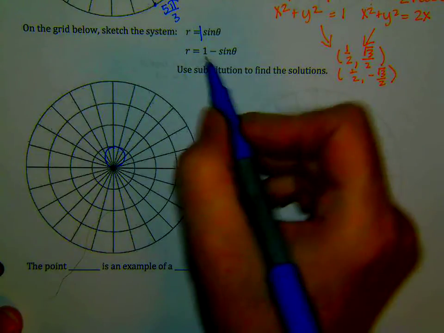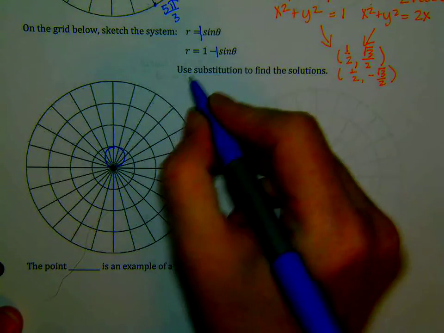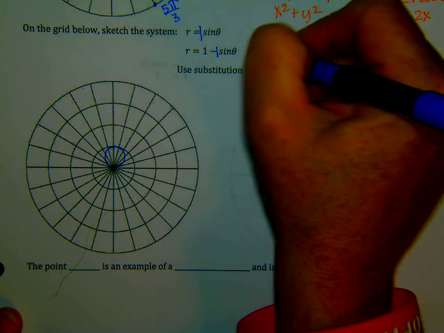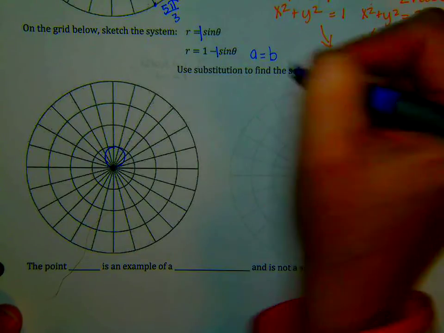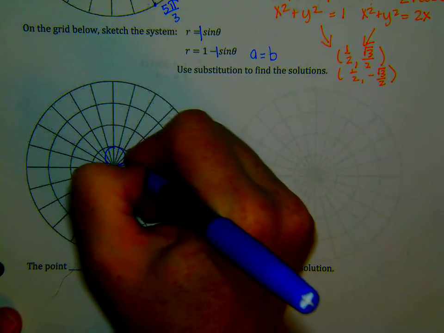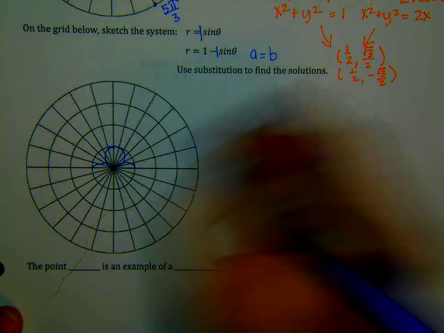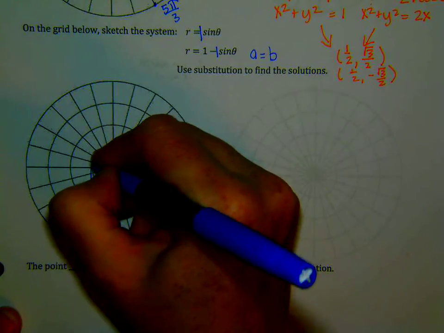Now what is r equals 1 minus 1 sine theta? a equals b, so what is that? Well, that would be a cardioid with a negative, so that's going to be this heart shape, a plus b all the way down here, so that's going to be a cardioid.